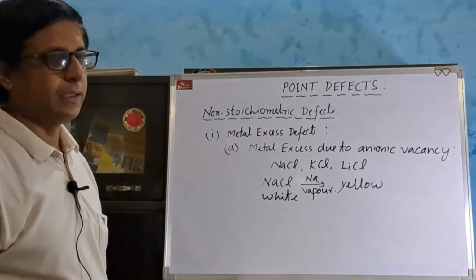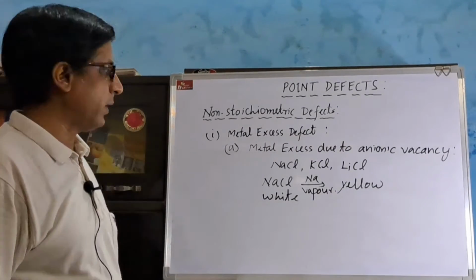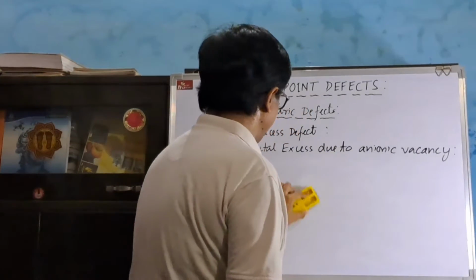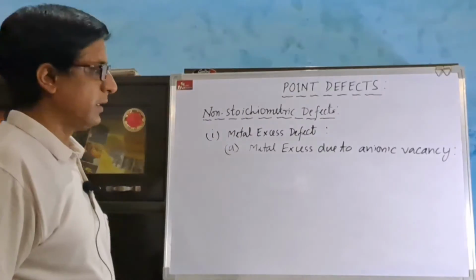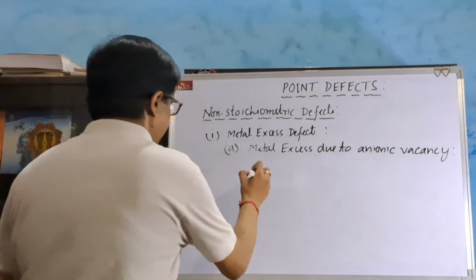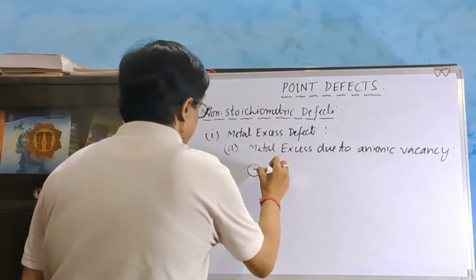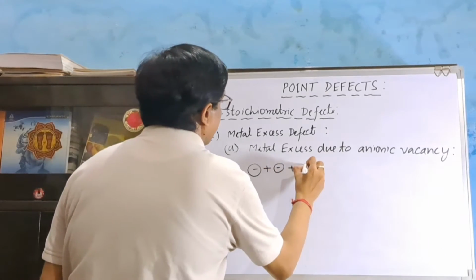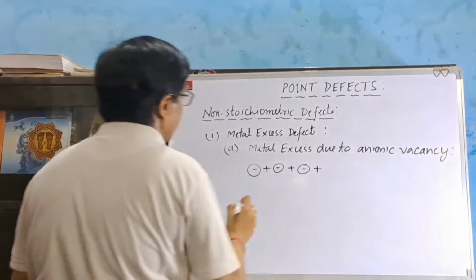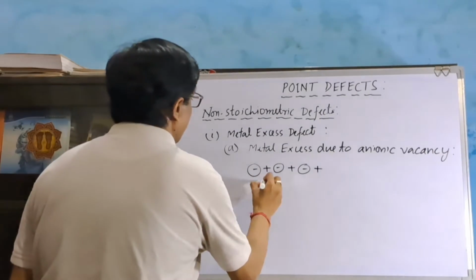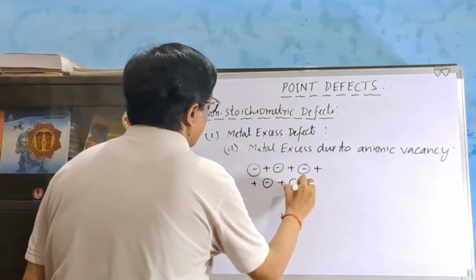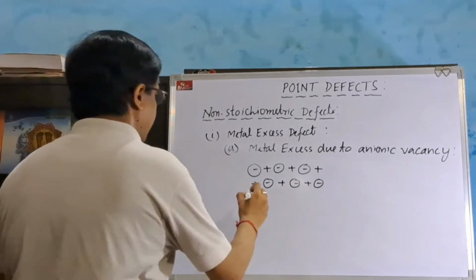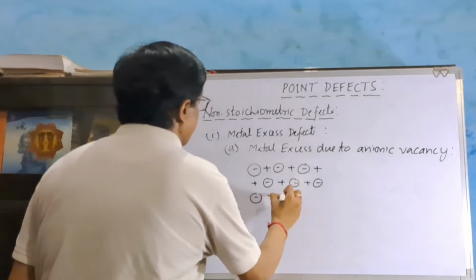Now, I shall discuss why it turns yellow when it is heated in the presence of sodium vapor. First, let us consider the crystal structure of sodium chloride, in which sodium ions and chloride ions are arranged in a regular arrangement.